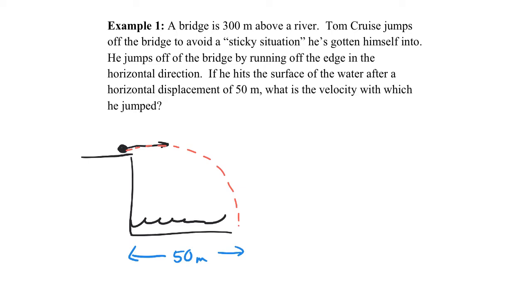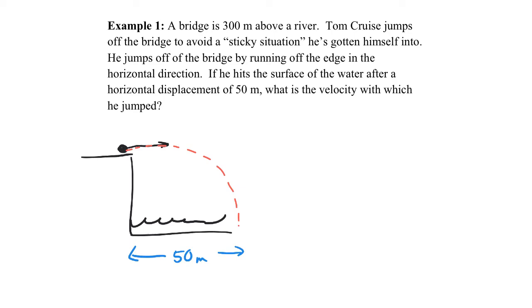It says horizontal displacement. That's what we know. That's all we know. And it says if he hits the surface of the water, what is the velocity with which he jumped? So what is the Vi in this problem is what we're looking for. What is the Vi is the question we're asking.